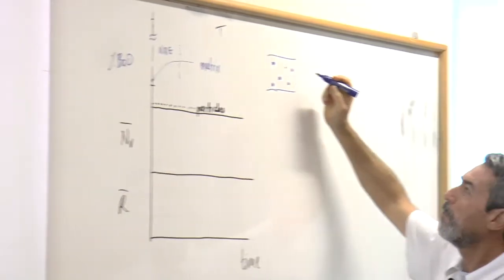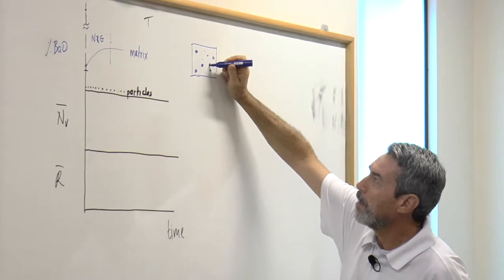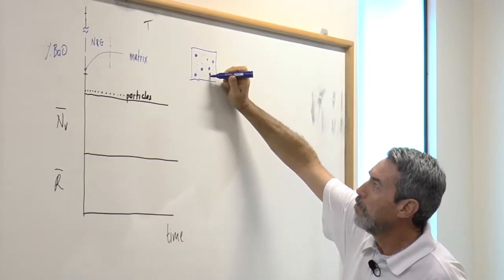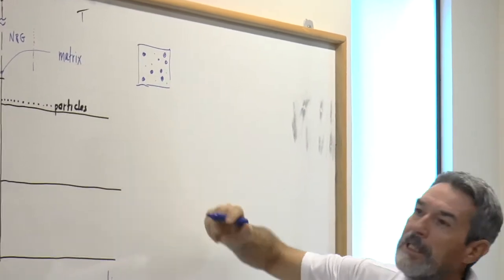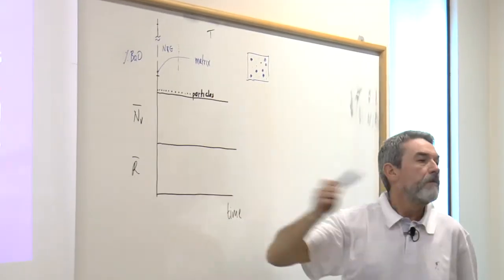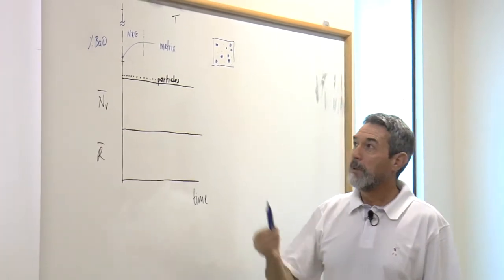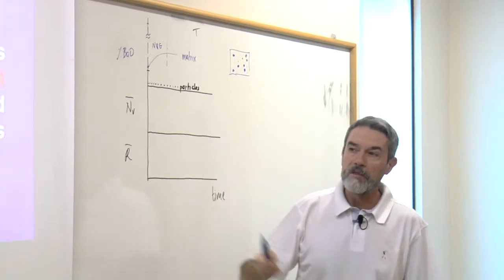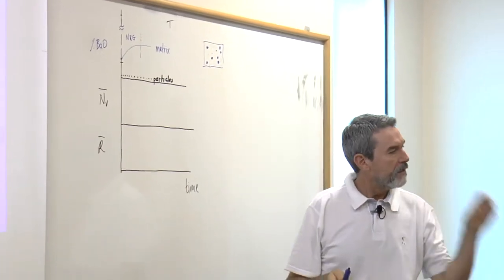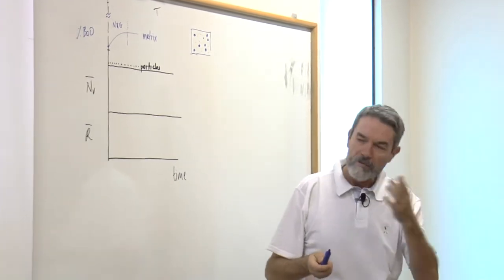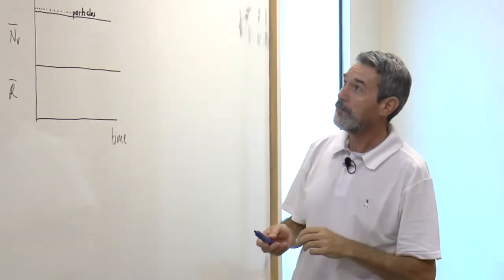New particles nucleate, and the previous particles grow until they reach the binodal boundary. But the composition of the particles themselves doesn't change. It's pure, or 5% baryon, 95% silica.